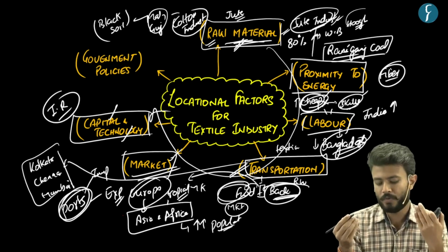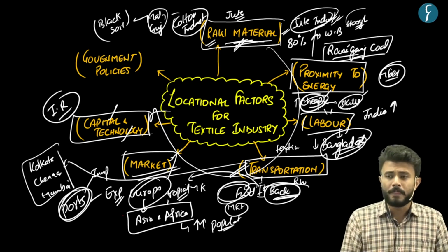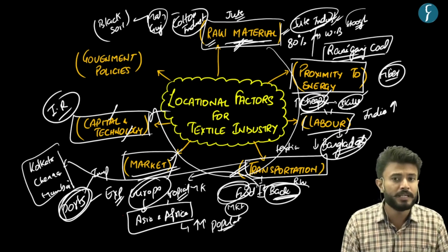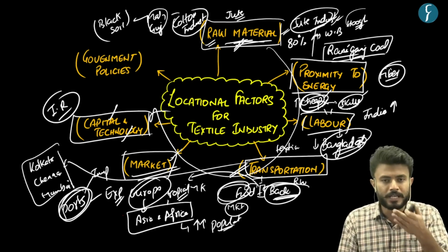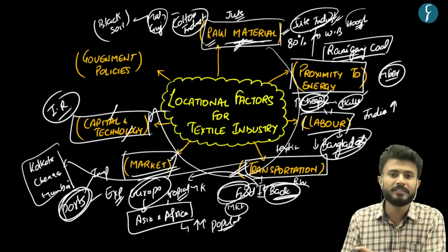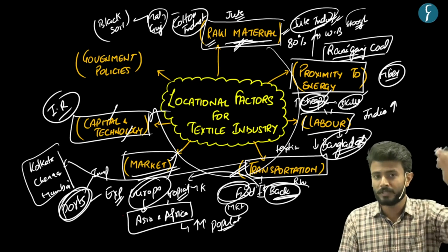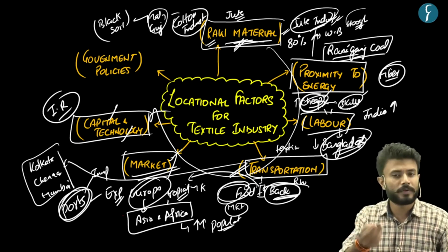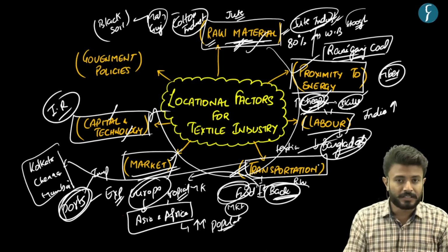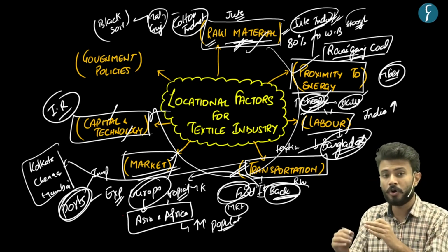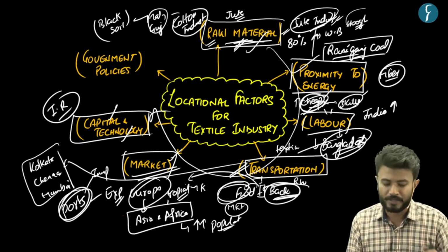So let's say if the question is not directly what are the location factors, but that you have to analyze the major shifts in the textile industry globally. That means you have to analyze what are the reasons responsible for the shift of textile industries from Europe to Asia and Africa. So how can you analyze? Just focus on these factors and see how these factors are now dominantly operating in the Asian and African region, not in the European region, hence the industries shifted.